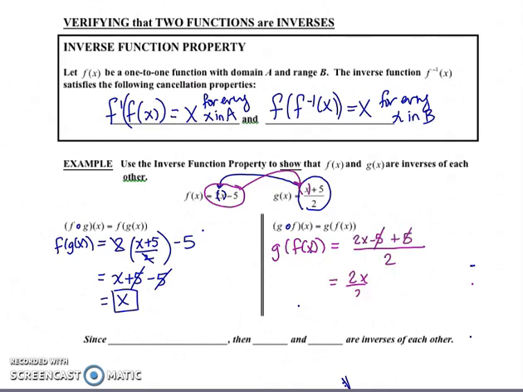So then I'm left with 2x over 2, which then my 2's cancel out, and I am left with x. So there we have it. Since f of g of x and g of f of x are both equal to x, then f of x and g of x are inverses of each other.